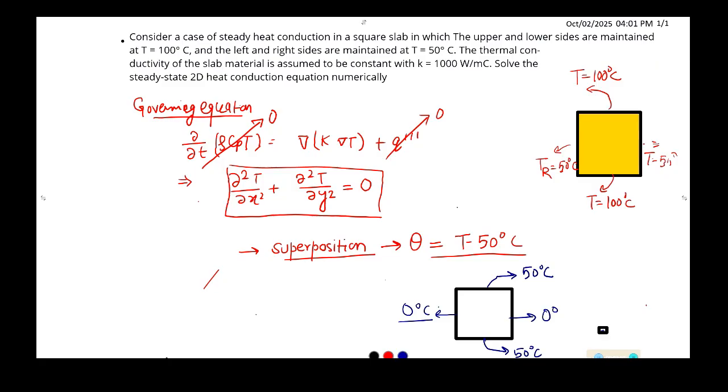Therefore, if we solve this problem separately for the top and bottom edges as theta 1 plus theta 2, then theta will be the superposition of these two boundary conditions, and in that we will have to add the 50, so theta plus 50 will give the final solution.